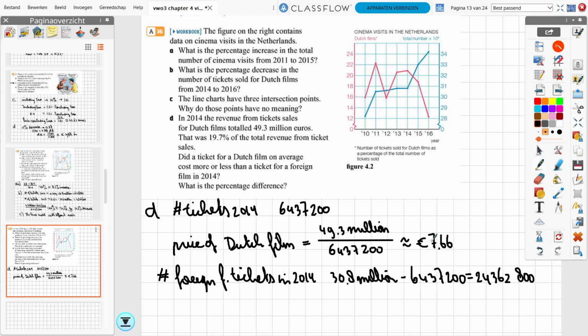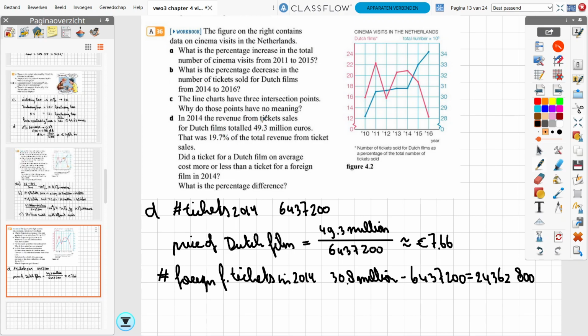I need that because at the end I have to do a division like this again, but now not with 6 million, but with this. But before I can do that, I must first find what the revenue was for the foreign films. Well, I know that the Dutch films made 49.3 million euros, and that was 19.7%. So this is a part, right?